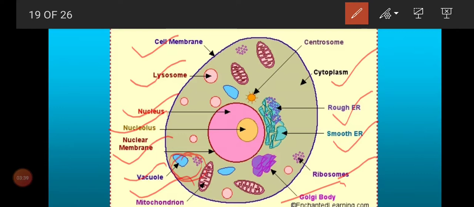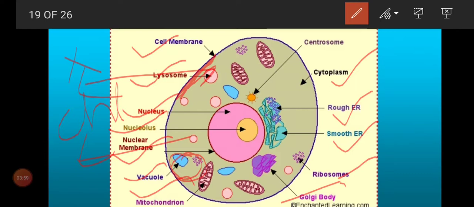Here you want to remember, cell wall is absent in the animal cell, and no chloroplast. So that is the main difference. Only plant cells will contain chloroplast.